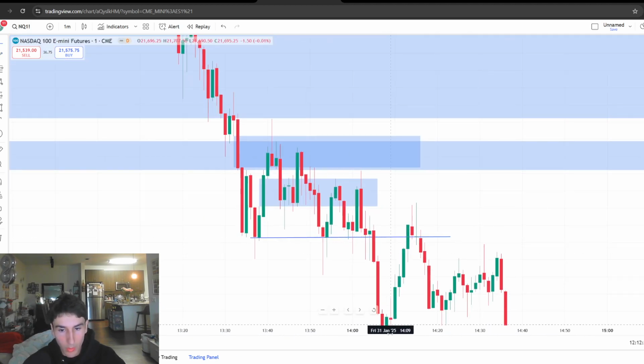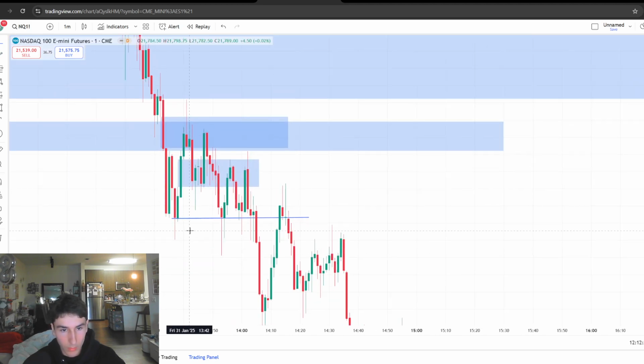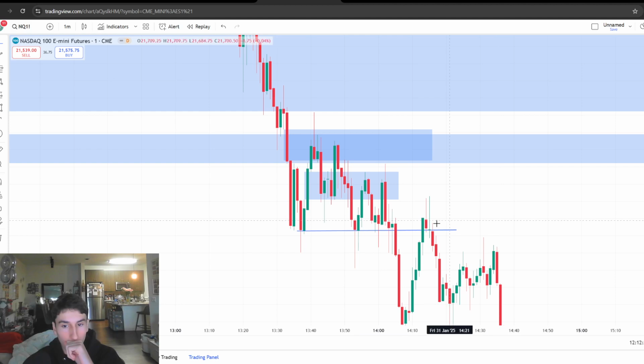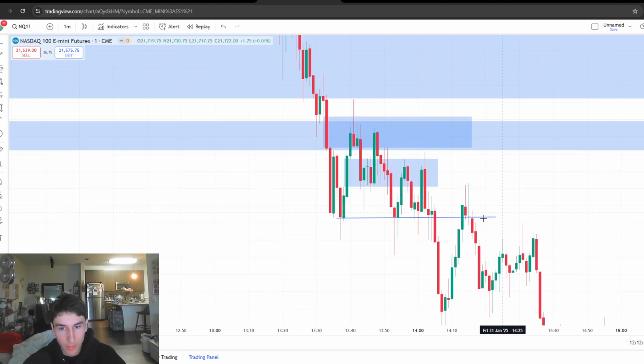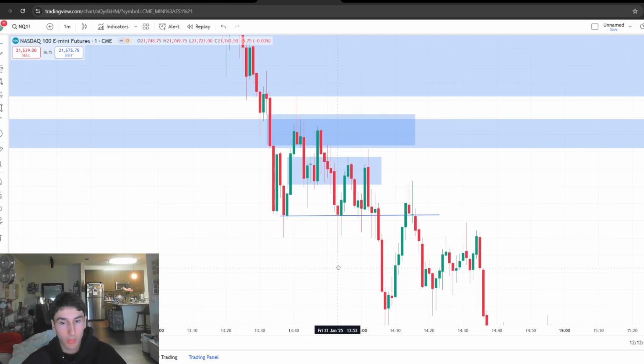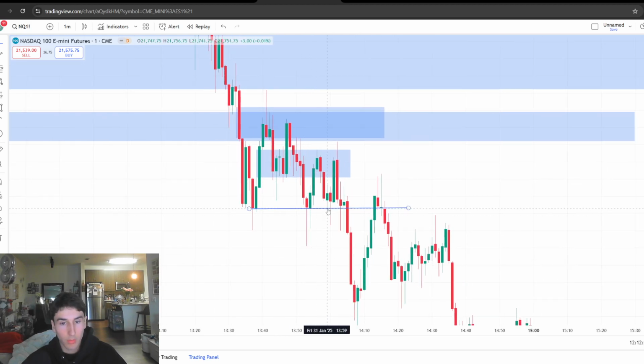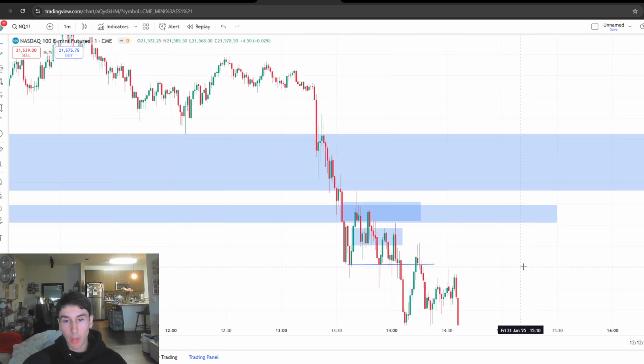And as you can see, we end up getting that. And as you can see, only when we get this candle closure below is when we continue to dump. We didn't get it here. Finally do right here. This confirms that price is ready to keep going down.